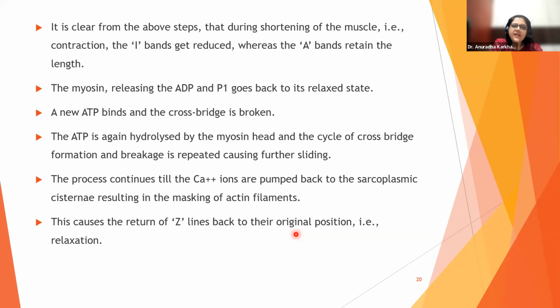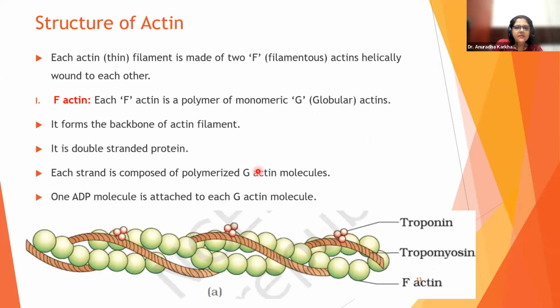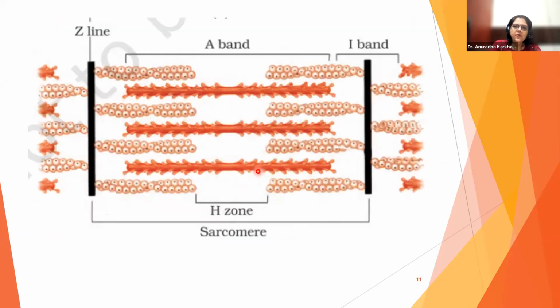So it is clear from the above steps that during shortening of the muscles, that is contraction, the I band gets reduced whereas the A band retains its length. Correct. The I band gets reduced, it will be pulled to one side, so that area will get contracted.